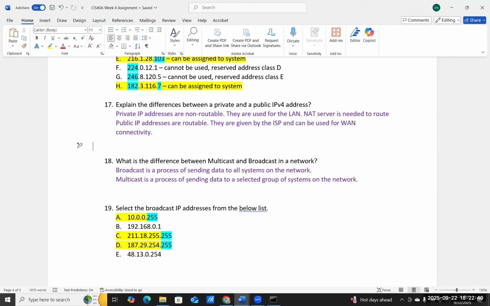B, 192.168.0.1, it doesn't have a 255 at the end. It's not a broadcast IP. We can assign that to a system, but not use it as a broadcast. C, again, look at the last octet. It's 255, so that's a broadcast IP. Same thing with D.